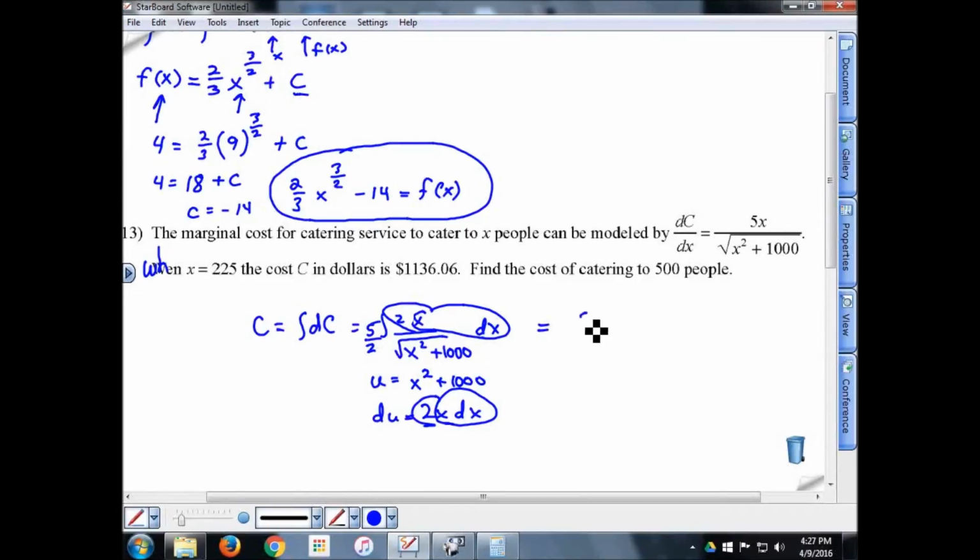So now we've got the 2x dx. So this becomes 5/2 times the integral of du over the square root of u. Now, square root of u is u to the 1/2, and I'm going to move it up to the top of the fraction by giving it a negative exponent. So this can be written as u to the negative 1/2 du.